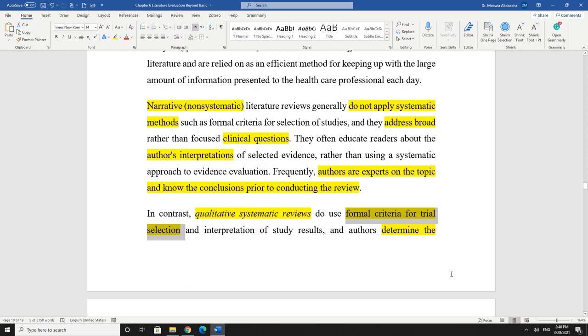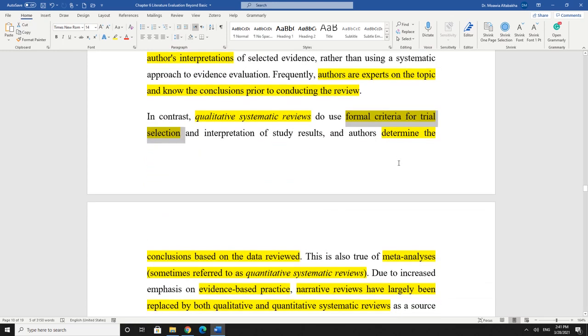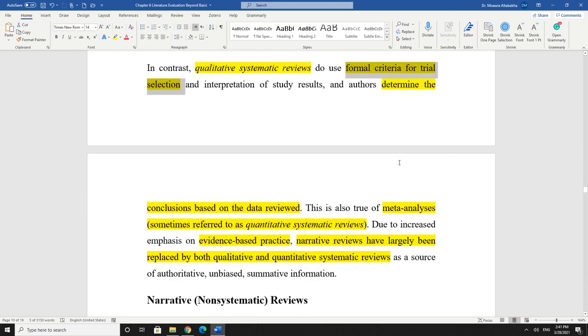And when I say the method, here I mean who is the population, what is the intervention in the method they used, what is the control they used, and what is the outcome they measured. Now these are very important things in determining which trial publication to use. Okay?